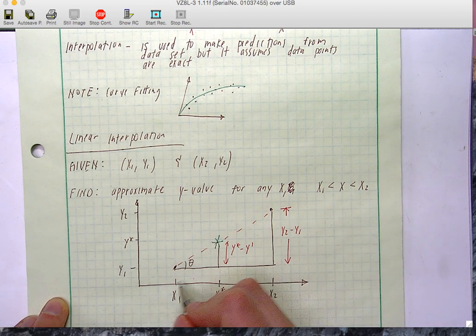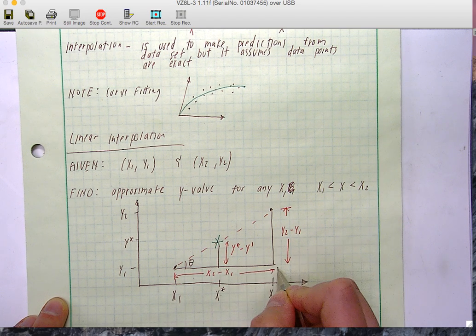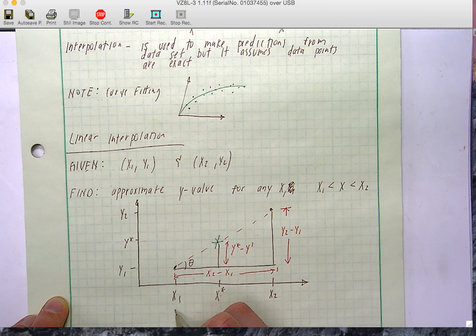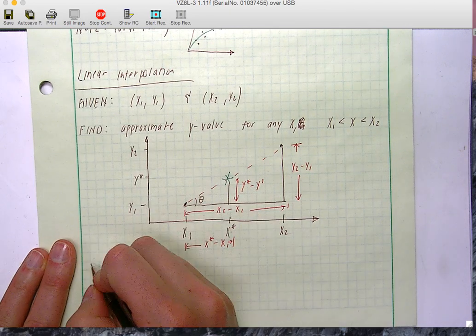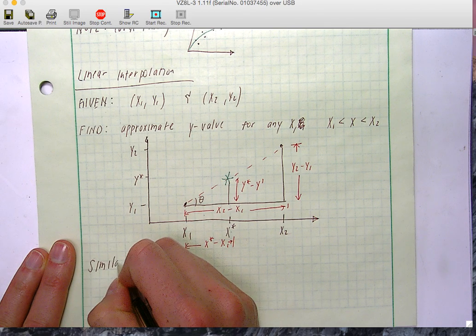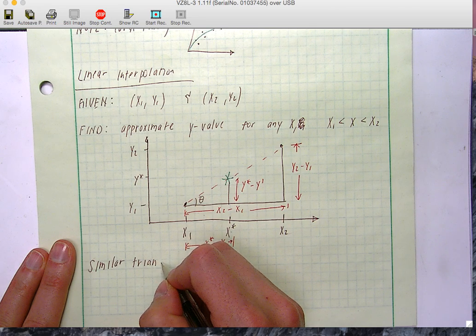And then this one here is going to be x2 minus x1, and then this side here is x star minus x1. So similar triangles is really straightforward. It just sets those two ratios equal to each other.